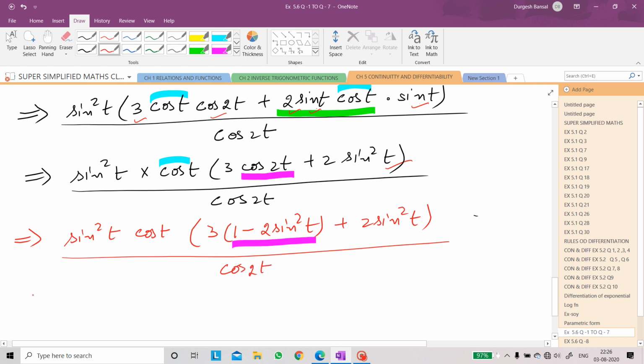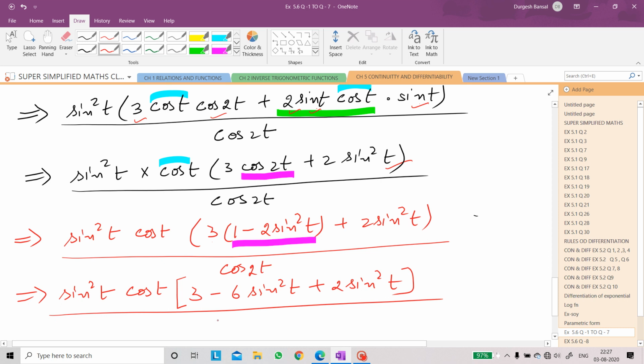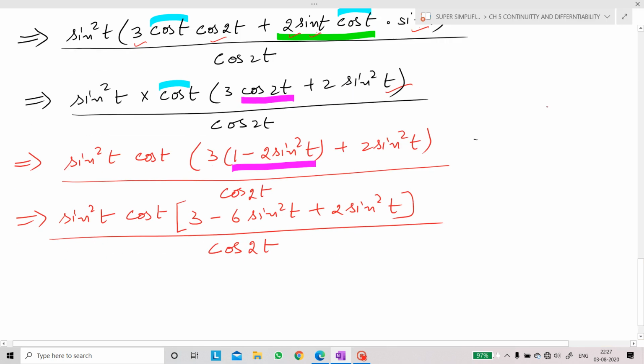Now we can multiply it, sin square t cos t. We are multiplying this 3 with 1 minus 2 sin square t. So we will have 3 minus 6 sin square t plus 2 sin square t whole divided by cos 2t.